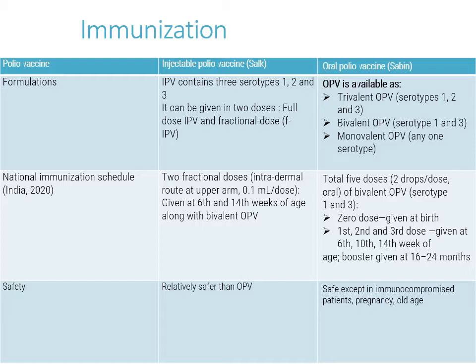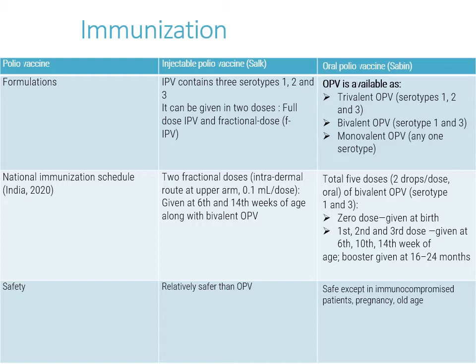It is live attenuated, that means the virus has been weakened, whereas the injectable is a killed virus. Many times a question from this topic comes as a short note also. It is a very favorite question of the examiners.